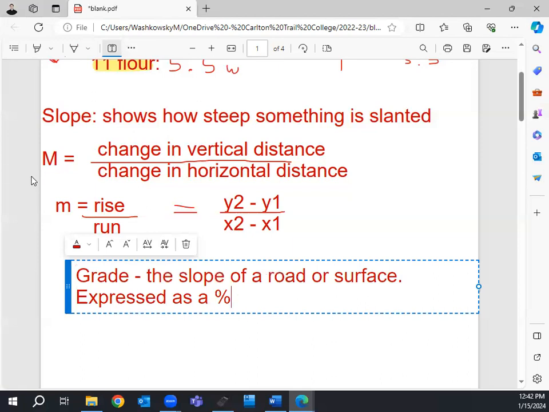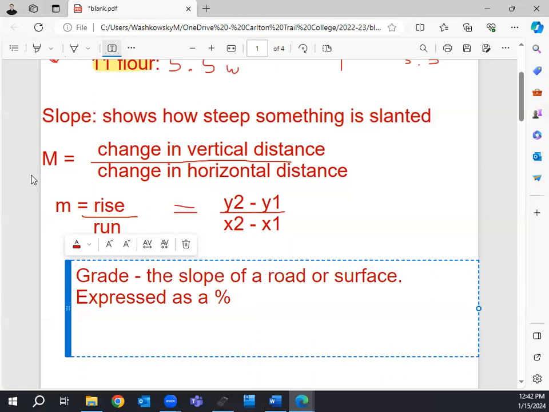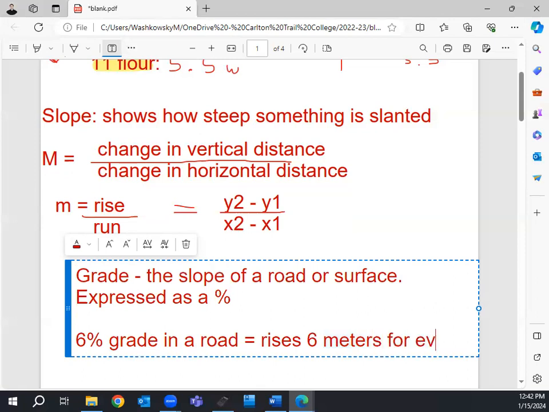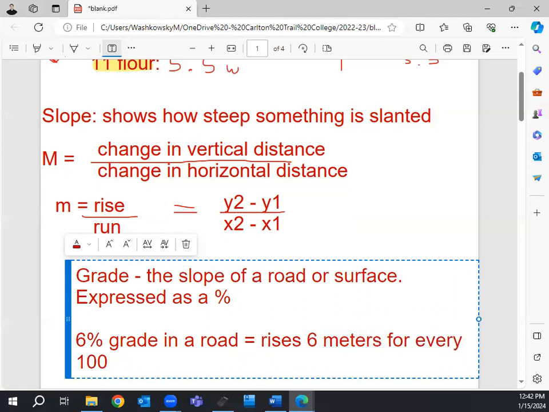So if I say that, hey, there's a 6% grade in a road, what that means is it rises, I'm going to say meters, any unit of measurement, meters, feet, yards, miles, centimeters. It's all the same thing. It's going to rise 6 meters for every 100 meters far it is.